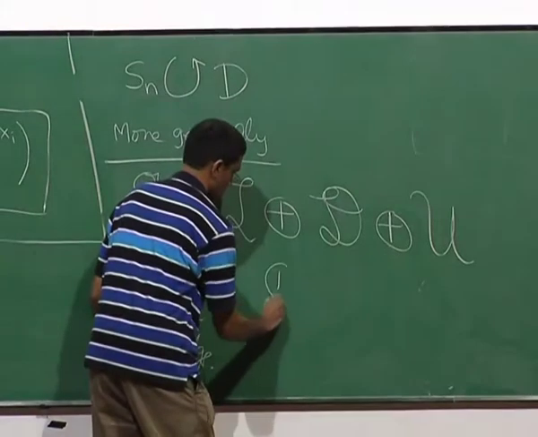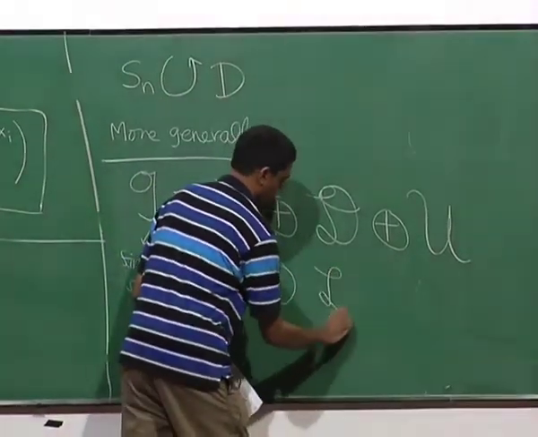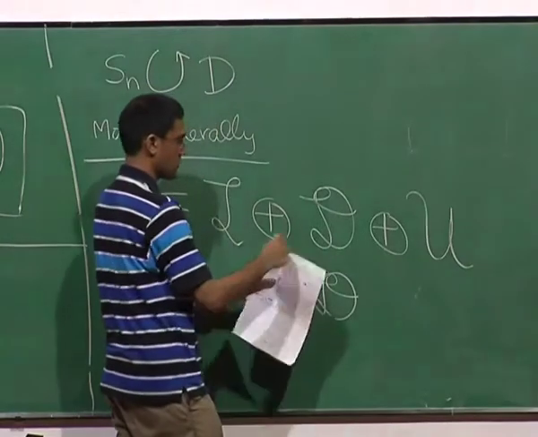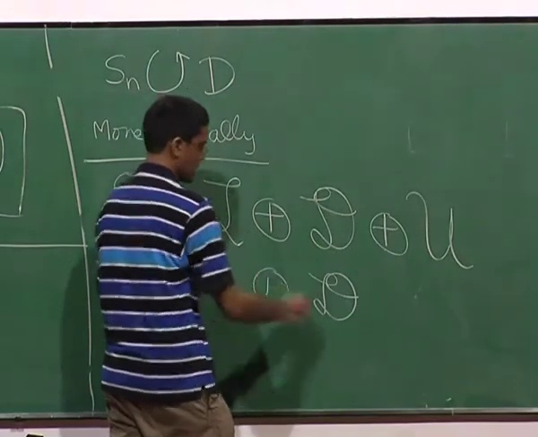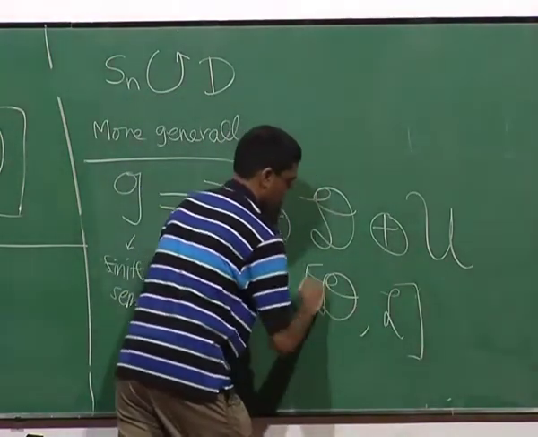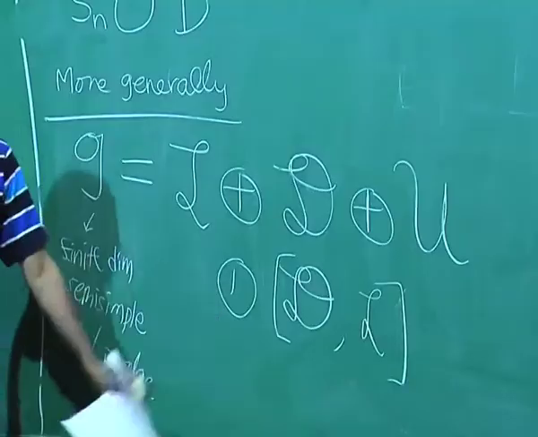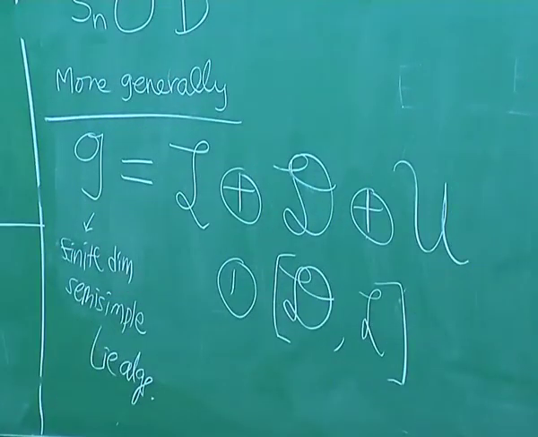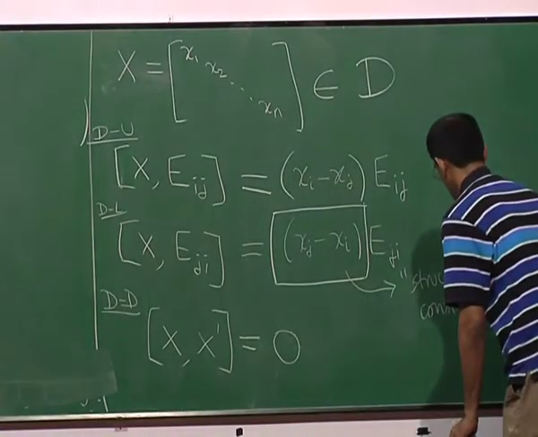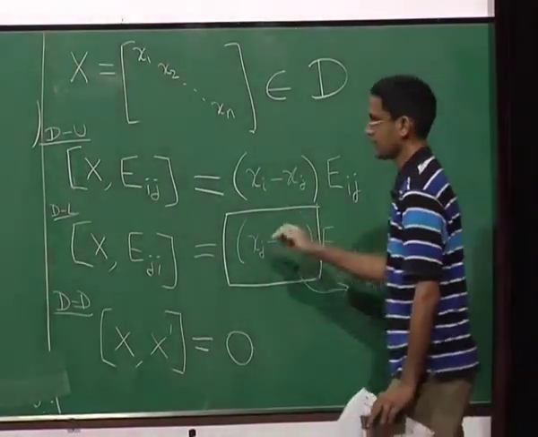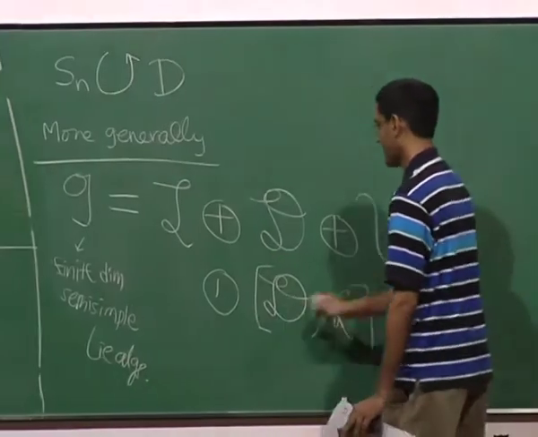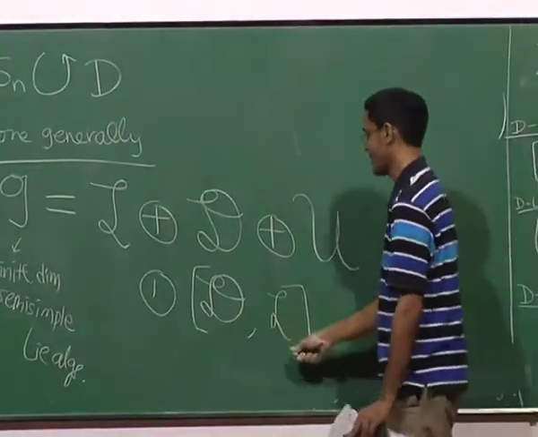The first thing is you attempt to find out what the brackets are between pairs of elements, and when you attempt to see what the bracket is between D's and L's with respect to a natural basis, these numbers that you get, so you always get such numbers, are often called the structure constants for the Lie algebra with respect to that given basis. Whenever I have a bracket, I often say you commute this with that.